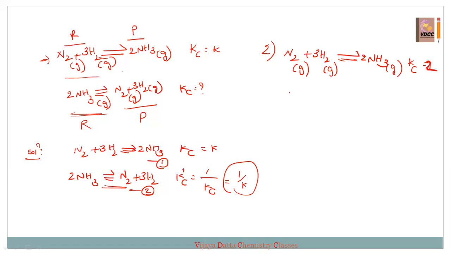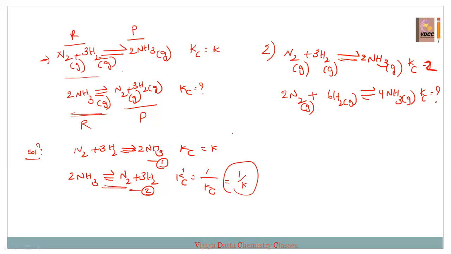Now they are multiplying this equation by 2. So suppose 2 moles of N2 plus 6H2 of gas gives rise to 4NH3 of gas. So they are asking to calculate Kc for this reaction.